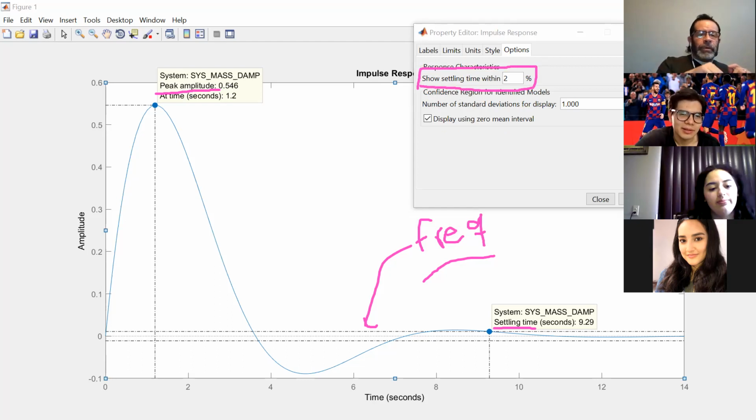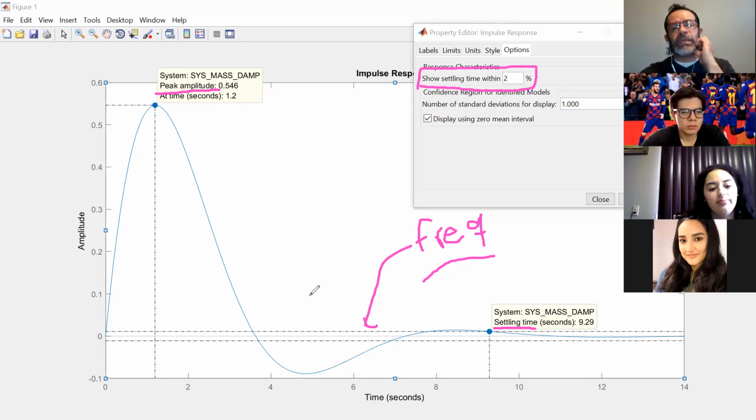So the parameter that MATLAB is giving me for the analysis criteria that you established, Carlos, is saying that we're going to consider that the system is stable, or has reached zero, within 2% of the stabilizing value. So actually, since it's zero, it's going to be plus 0.02 and minus 0.02.